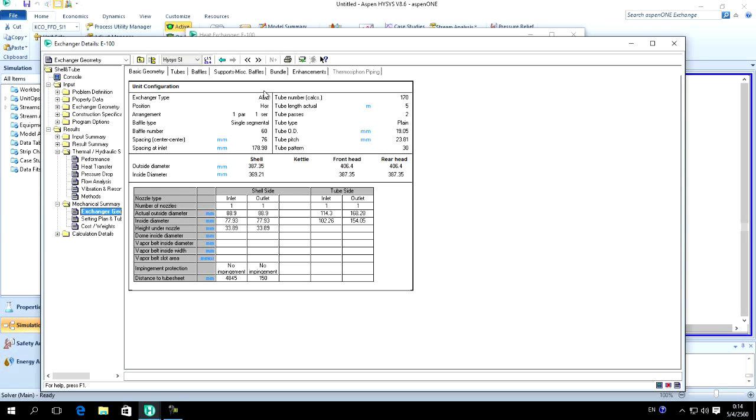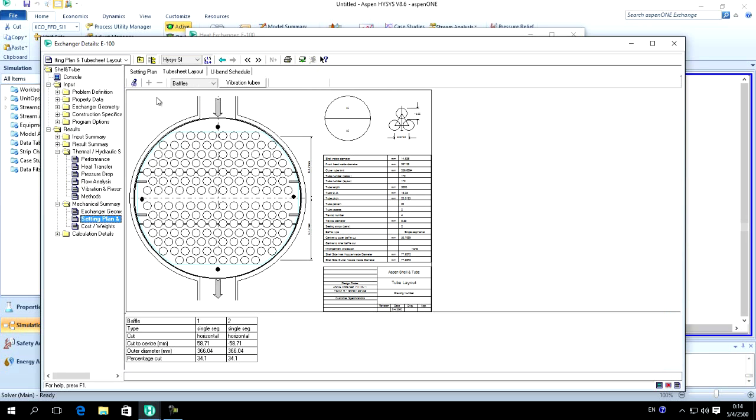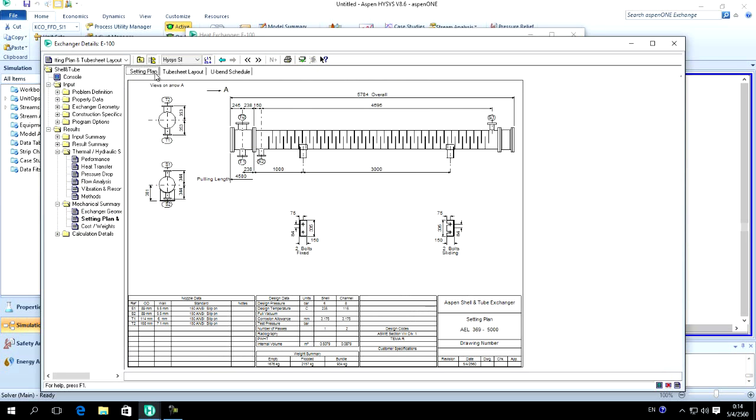And the type is AEL with the baffle number of 60 with the spacing of 76, while the spacing for the inlet is 178 here. So if you are not sure, let's see. See, there's a space here of 178, while the baffle to baffle is about 76 millimeter.